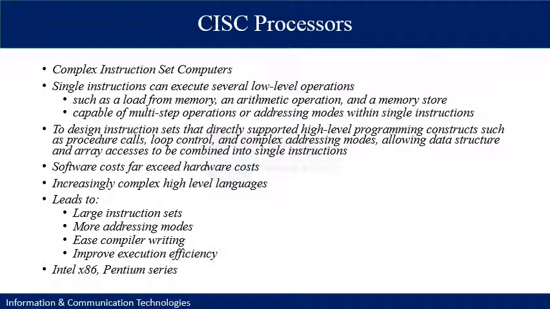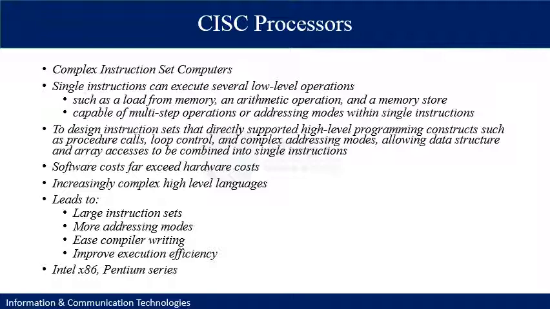So in terms of instruction execution, there are two types of CPU architectures or processor architectures. The first one is the CISC processors. CISC stands for Complex Instruction Set Computers.